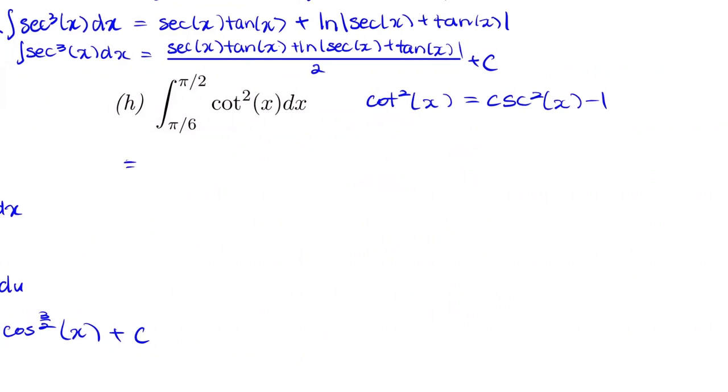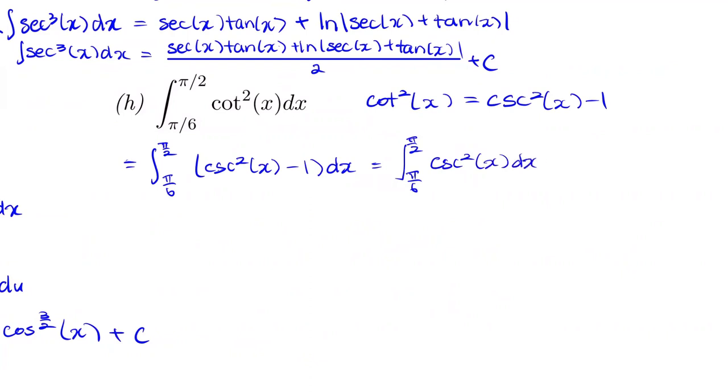So we still have the integral from pi/6 to pi/2 of cosecant squared of x minus 1 dx. That's also the integral from pi/6 to pi/2 of cosecant squared of x minus the integral from pi/6 to pi/2 of dx.